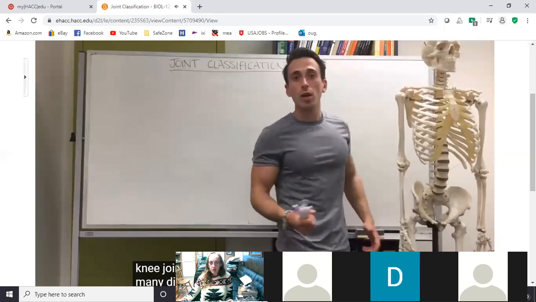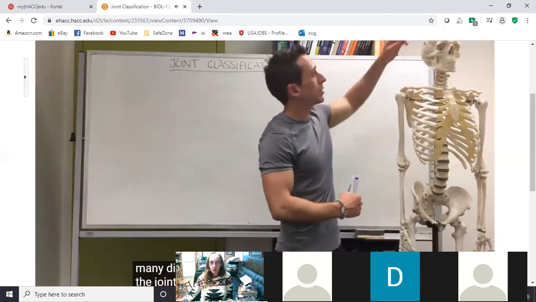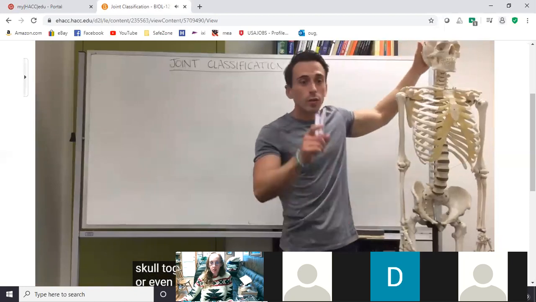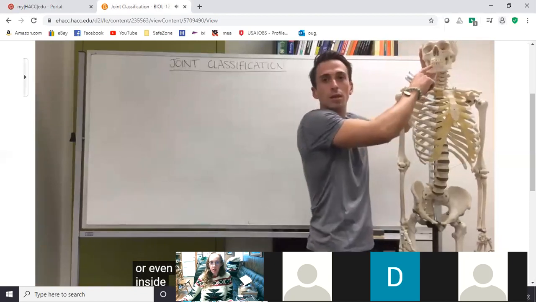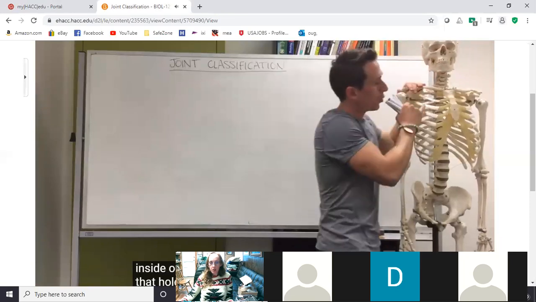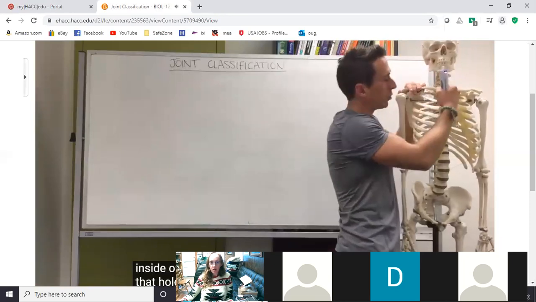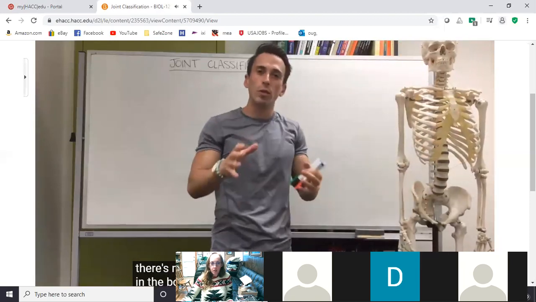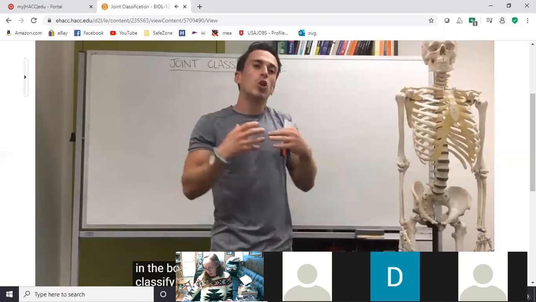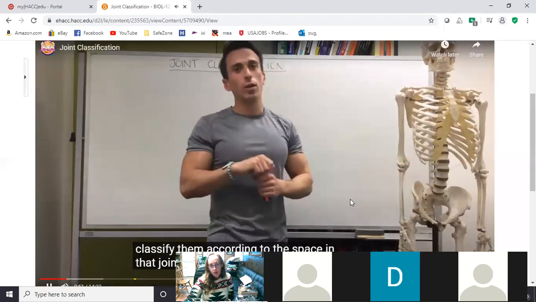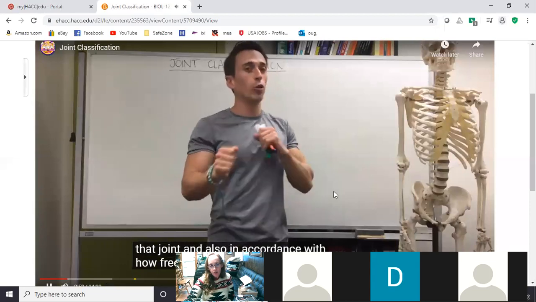But there are many different types of joints, such as the joints that hold the bones of the skull together, the joints that hold your teeth inside of your jaw, or the joints that hold your ribs to your sternum. What we're going to do is classify them according to the space in the joint, and also in accordance with how freely movable that joint is.